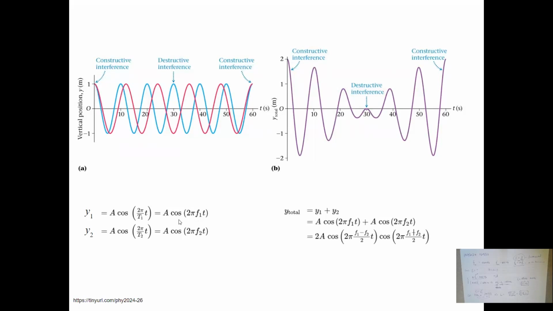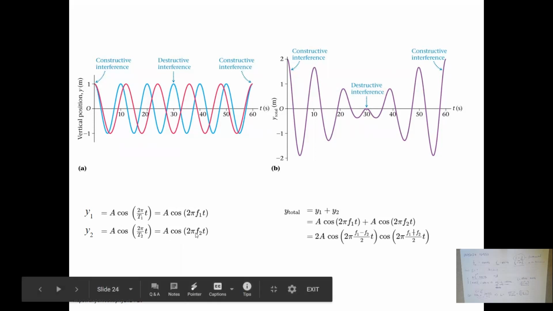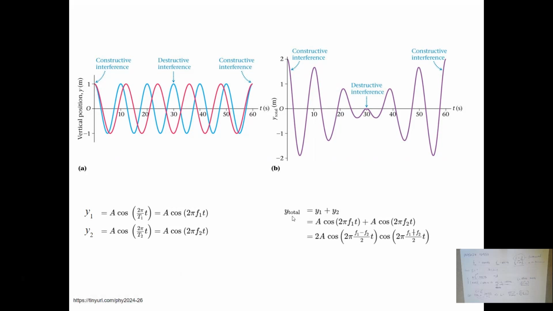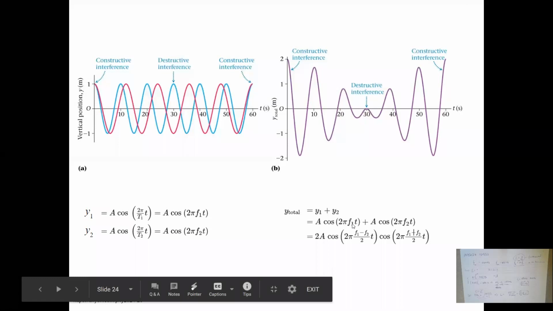That doesn't matter; they are pretty much the same with a phase shift. The second wave function is cosine 2 pi f2 t. If the two meet in space, you add them up to get the resultant wave function. So y total is y1 plus y2, a cosine 2 pi f1 t plus a cosine 2 pi f2 t.